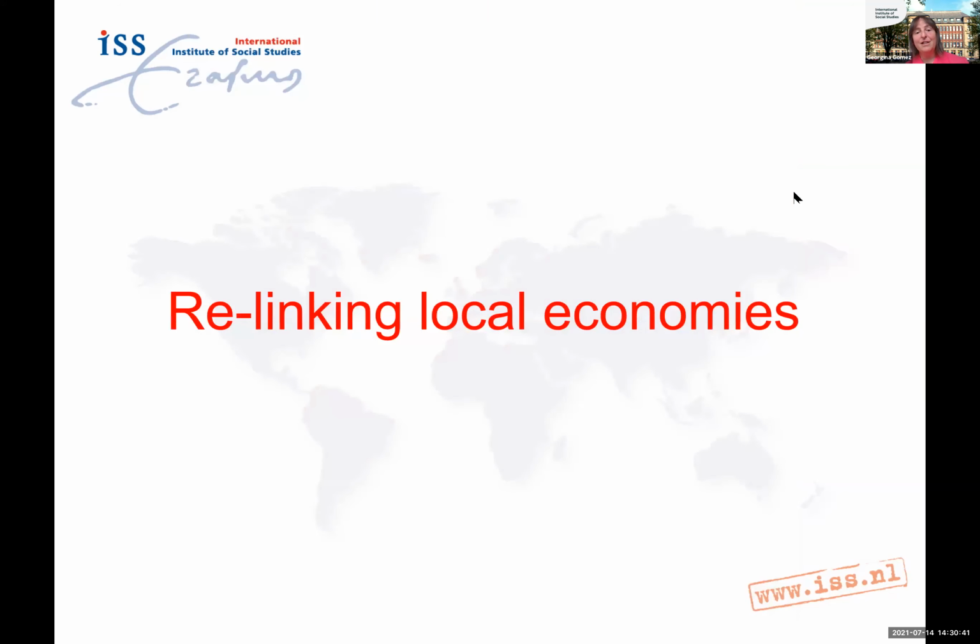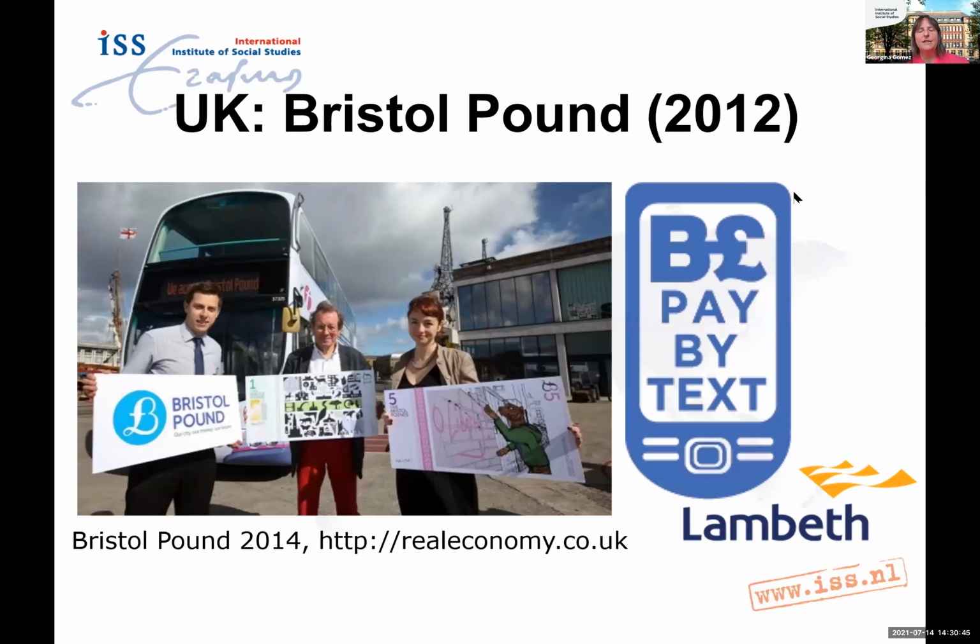Now, another possibility is to relink people within the locality. And here you have the Bristol pound. This was an initiative that was launched by the local government. The guy in the middle is the mayor of Bristol.